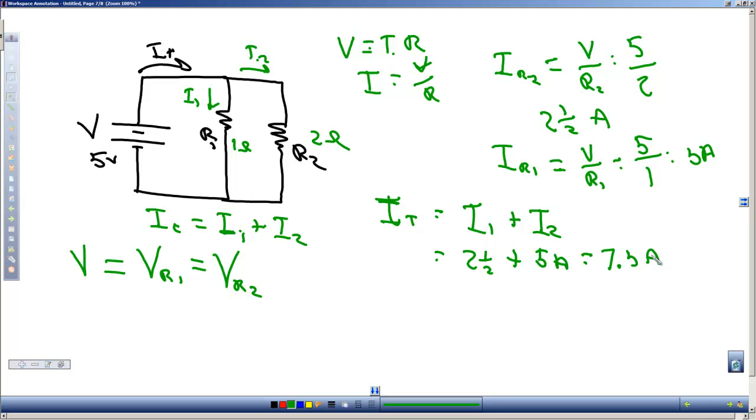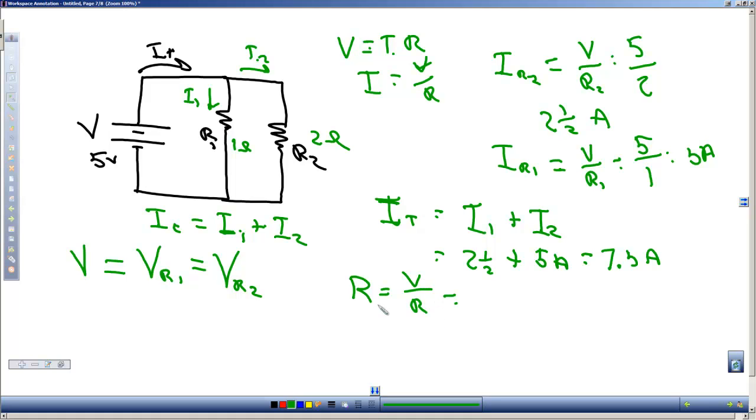Now, if I know the total current, there's a couple of ways I can figure the resistance. If I know the total current in all the branches, I can use the equation where I know that the resistance is equal to the voltage over the current.